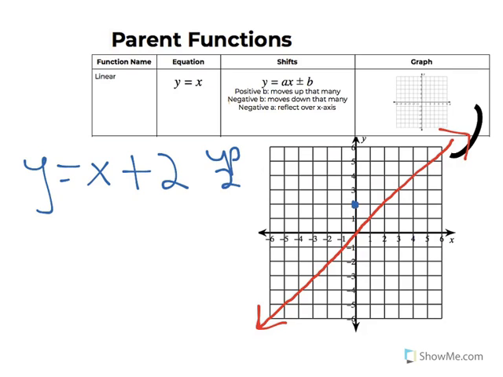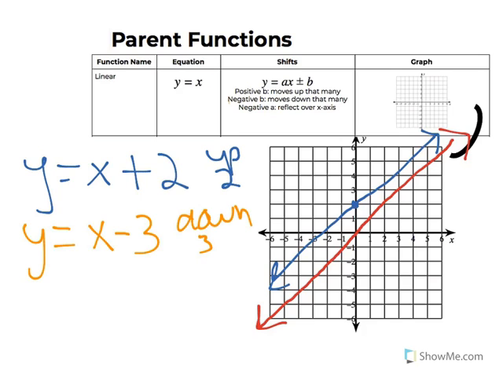So you'd have a line that went up 2 from the origin. If we had something that looked like y equals x minus 3, then we're going to go down 3 from the original line. So the original line was the red one, so we're going to go down 3. So that would be what that line would look like.